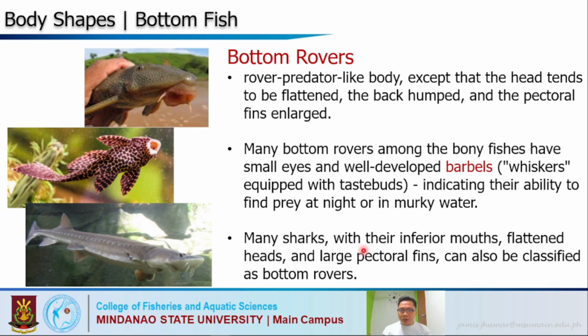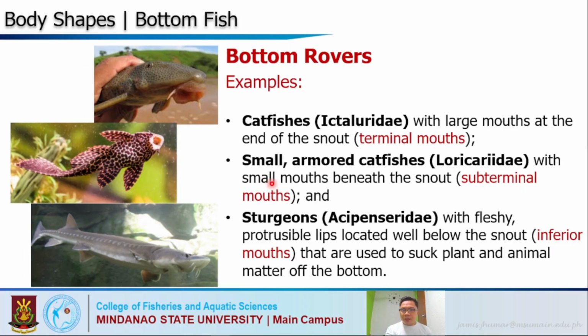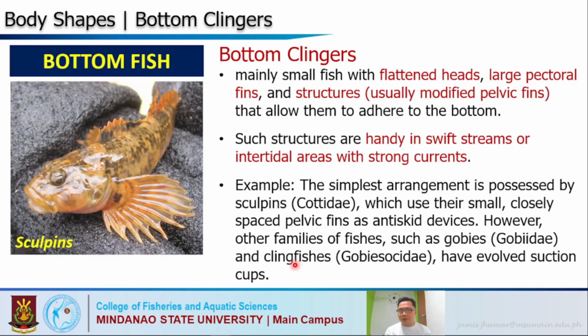Many sharks with their inferior mouths, flattened heads, and large pectoral fins can also be classified as bottom rovers. So there you have it. And then examples of bottom rovers are catfish, the armored catfish, and the sturgeon. So these are the typical examples of the bottom rover fish.